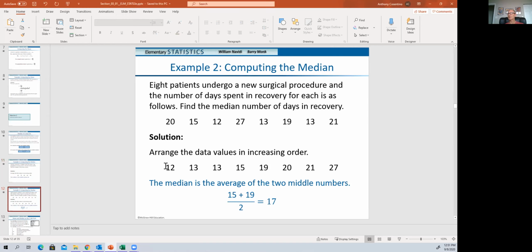And so here's our arrangement. You can see that the 2 middle data points are 15 and 19. So when you add those together and divide by 2, because there's only 2 data points we're averaging, we would get 17.